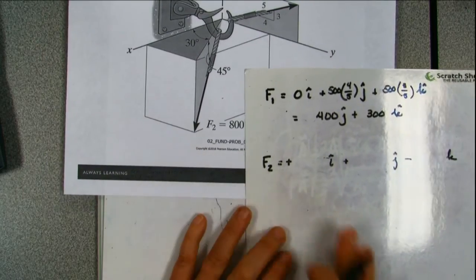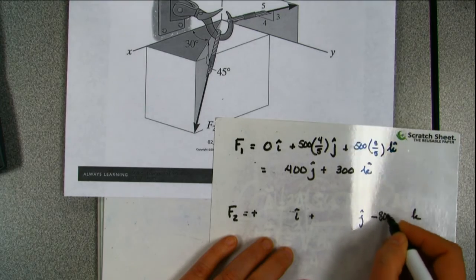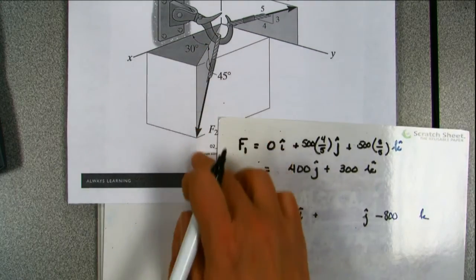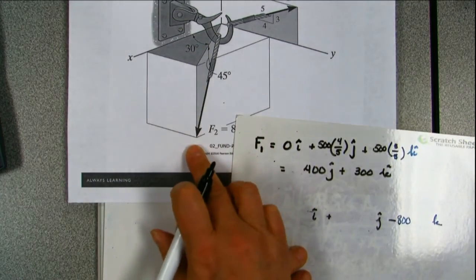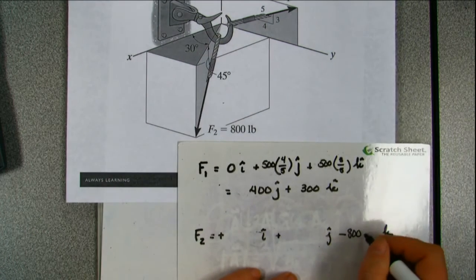Well, we just did one that kind of looked like that. So this is 800 pounds, so this is going to be 800. And I want this length of my triangle. So that's going to be the sine of 45 degrees.